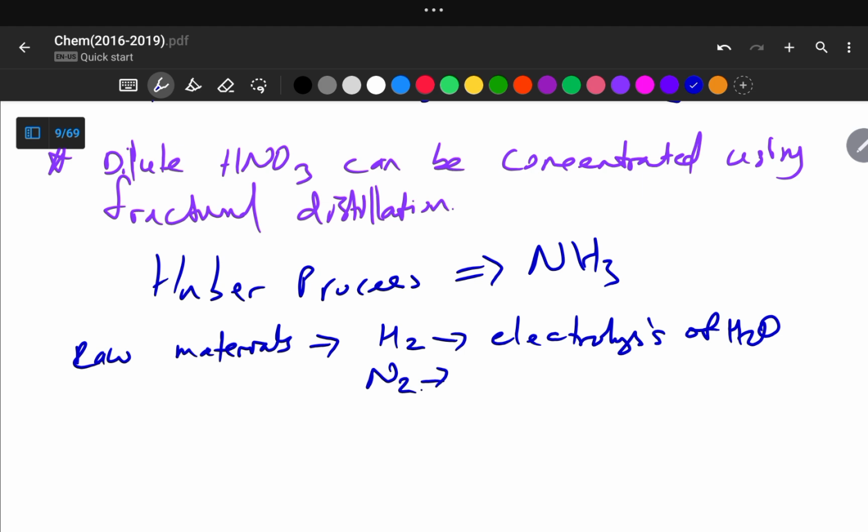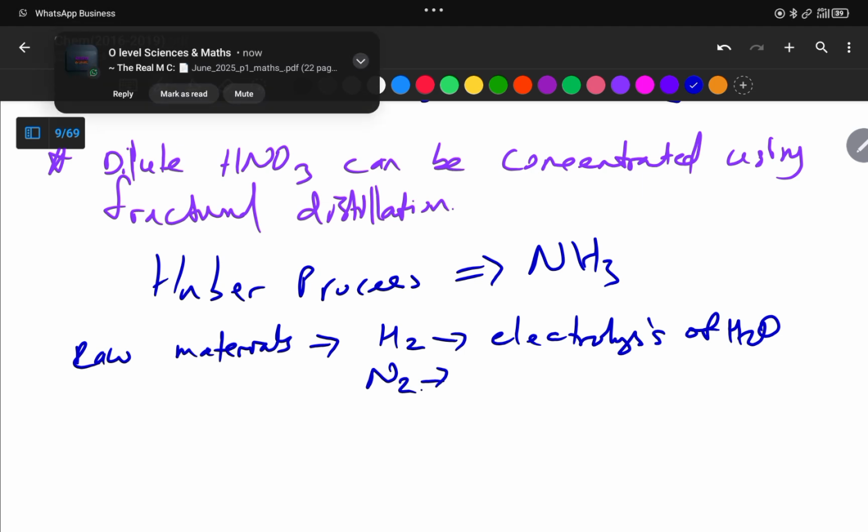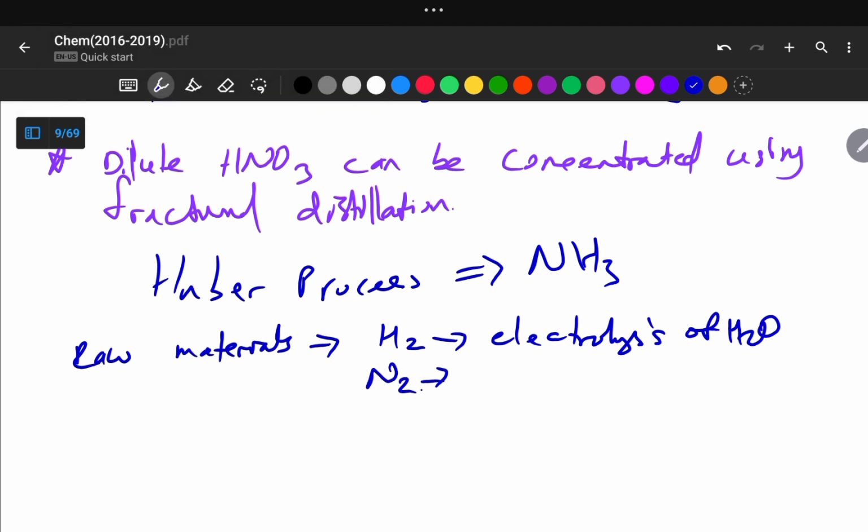So we have electrolysis of copper 2 sulfate using copper electrodes, electrolysis of copper 2 sulfate using carbon electrodes, and also the electrolysis of brine, electrolysis of molten salts like lead 2 bromide, and so on, right? So you need to check our playlist so that you can be notified whenever we post, right? So nitrogen is from the fractional distillation of liquefied air, right?